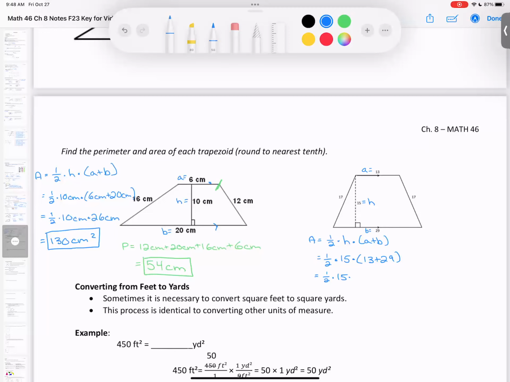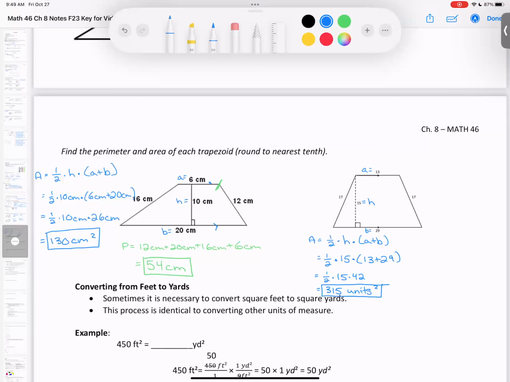So 13 plus 29, I think is 42. Okay, now we can do the multiplication. And I get 315. There's no units here, so I'm just going to write units squared. Whatever our units were, we would have squared them.